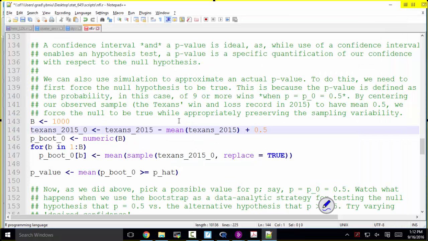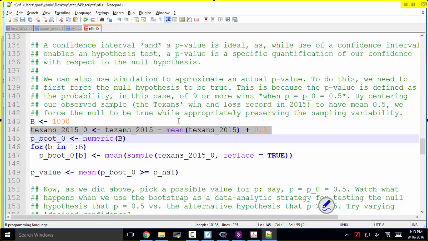So what we do is, before sampling with replacement, we transform our data to make it as though the null hypothesis is true. What that means in this context, 16 zeros and ones, and my null hypothesis is that p is 0.5, what I need to do is modify my zeros and ones to make it so that the proportion is 0.5.